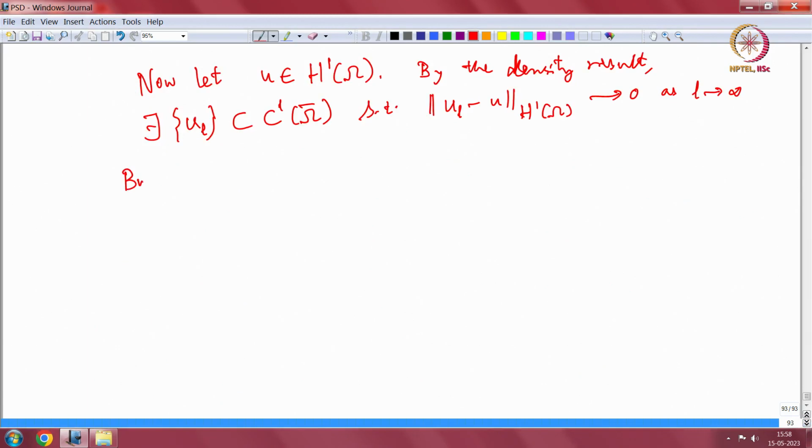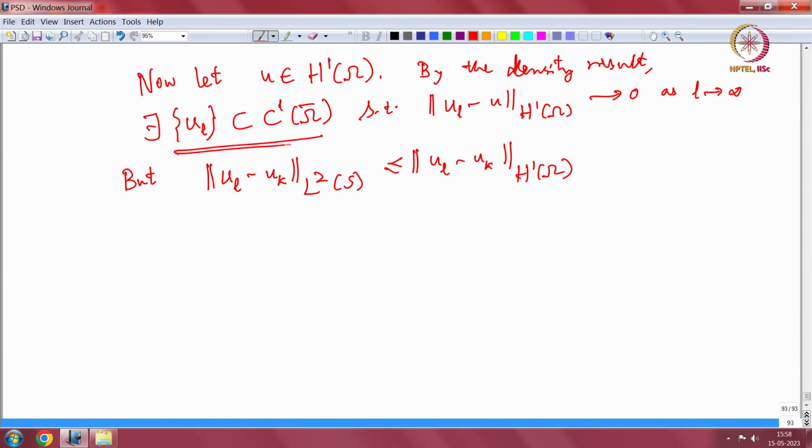So, let me write that: the L2(S) norm of UL minus UK is less than or equal to a constant times the H1(omega) norm of UL minus UK. This is because the ULs are all in C1 omega bar, but UL converges to U in H1 omega. So, in particular, that is a Cauchy sequence, so this goes to 0 as L, K tend to infinity.